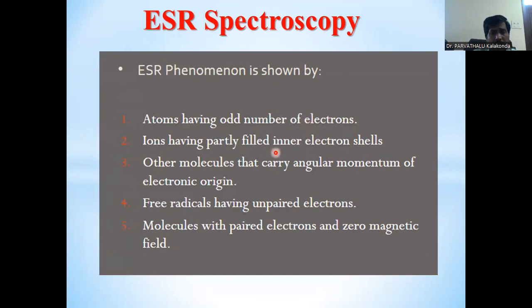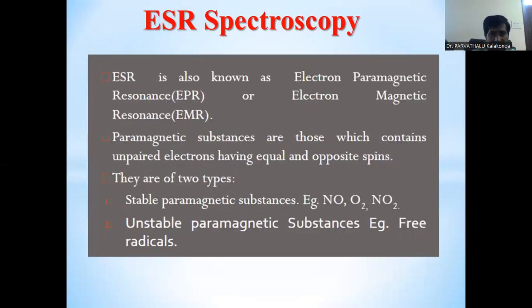However, even ions which are partly filled, which means they have inner electrons, like the valence electrons. Free radicals also show the spectrum. So keep in mind odd number of electrons and unpaired electrons, even free radicals like CH3. These are the atoms which show ESR spectroscopy.